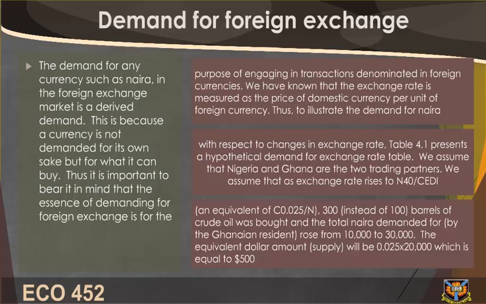We assume that as exchange rate rises to 40 Naira per cedi, an equivalent of 0.025 cedi per Naira, 300 instead of 100 barrels of crude oil was bought, and the total Naira demanded by the Ghanaian resident rose from 10,000 to 30,000. The equivalent amount supplied will be 0.025 times 20,000, which is equal to 500.